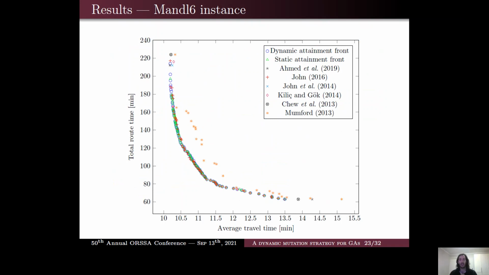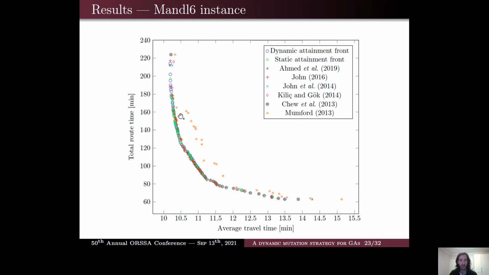So let us take a look at the non-dominated sets obtained as compared to the results of the literature. Here we see for the smallest instance that the performance is once again on par, and it should be noted that the horizontal axis is the average travel time and the vertical axis is the total route time, both of them being the two objective functions considered in the study.